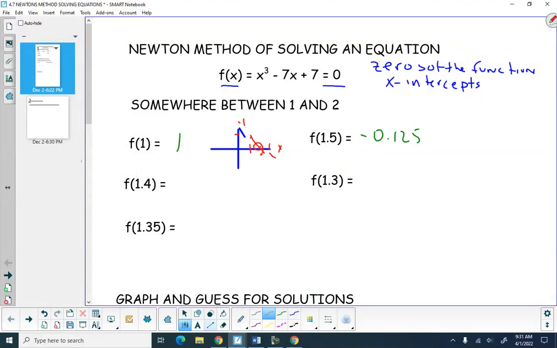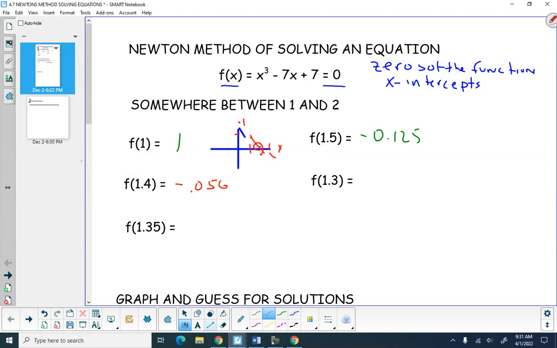So let's try 1.4. What's our function value at 1.4? Negative 0.056. So we're still negative at 1.4.